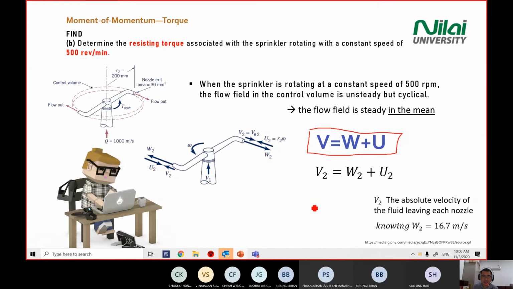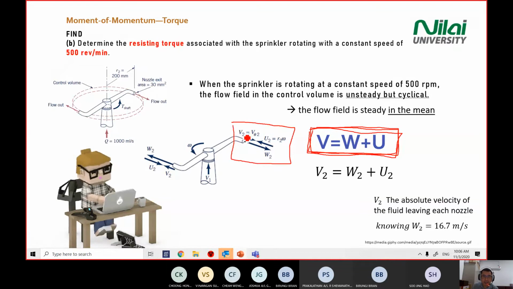Oh, I thought it was going to be like V equals to either. This is fixed already. V equal to W plus U is fixed already. Okay. So this is based on our logic, our rational estimation. You know that V2 is in this direction. U2 is the reaction force from the arm, so it will be in this direction, anti-clockwise, as you spray out water.